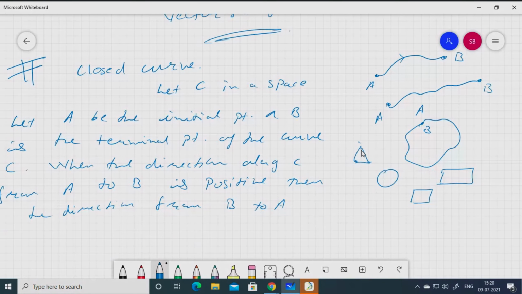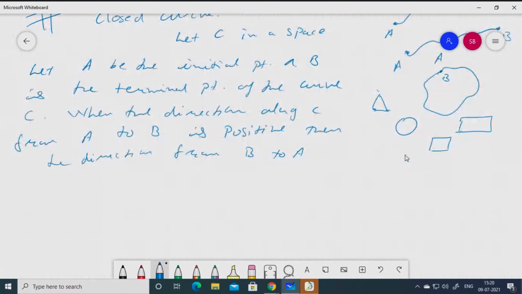Negative. So this is all just basic. It is called the negative direction. This all of us know.